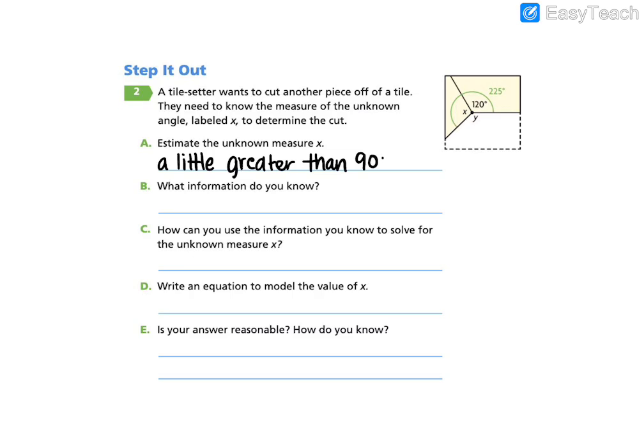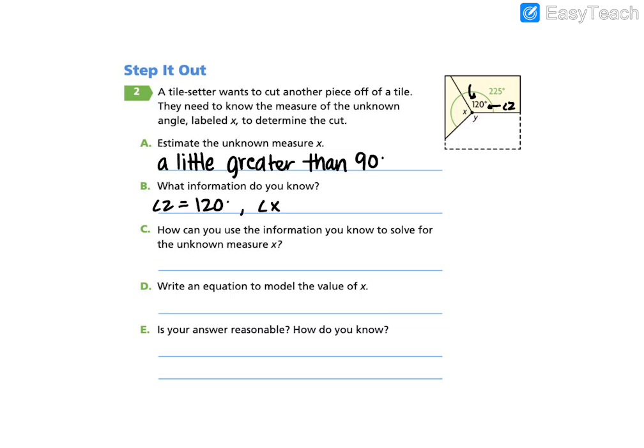All right, what information do I know? Well, it doesn't give us a name for this angle here. I'm going to go ahead and label it Z for now. Okay, so I know the angle Z equals 120 degrees.